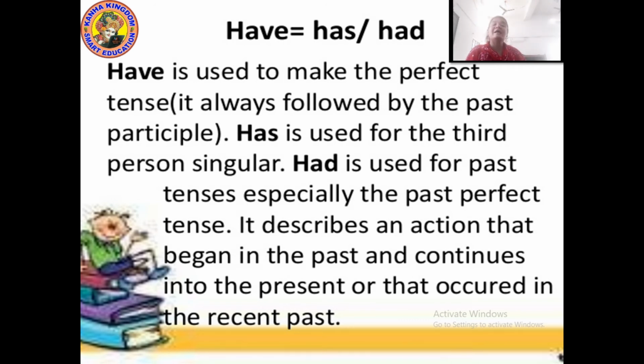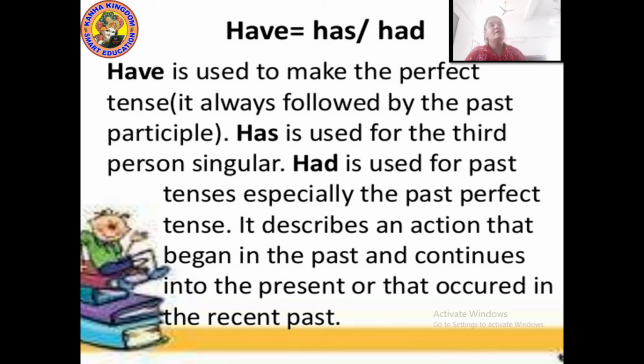And what do has, have, had describe? Has, have, had describe the action that is being done. Okay, means it was started in the past, it continued in the present, or it may have occurred in the recent past.